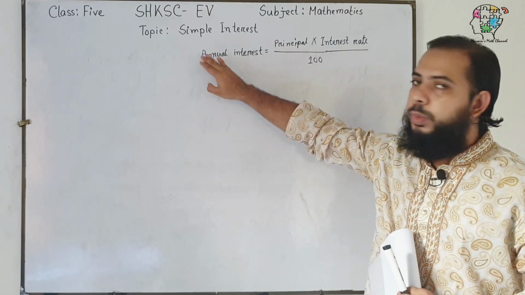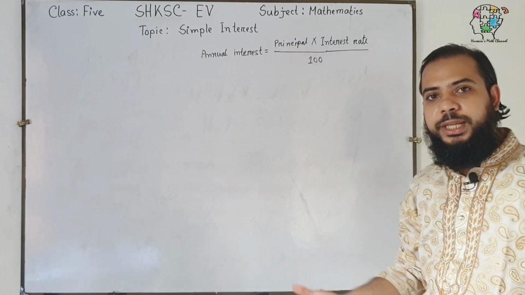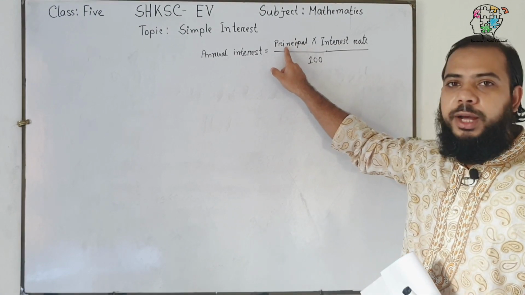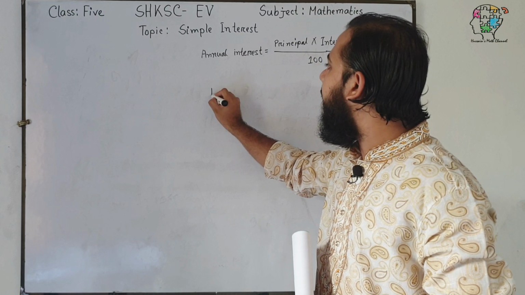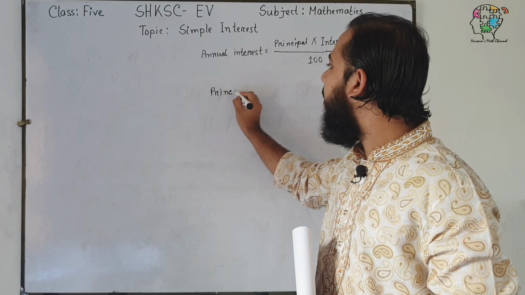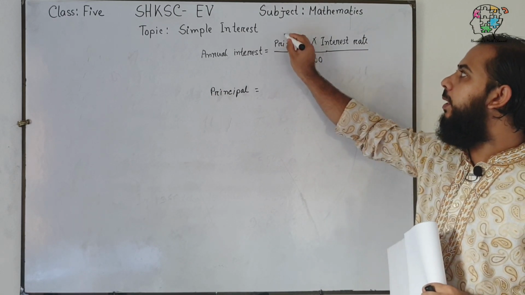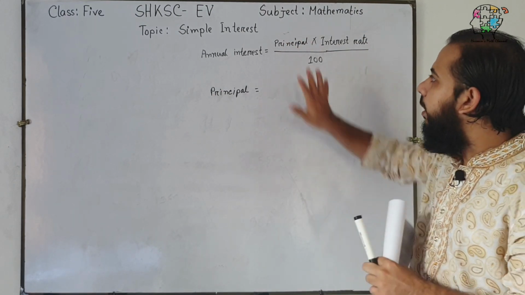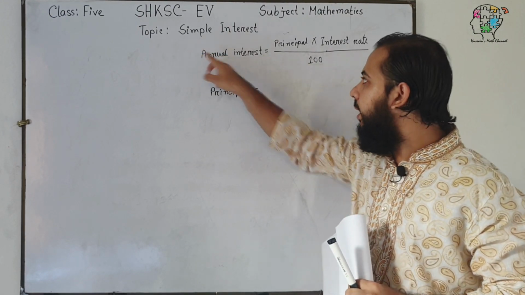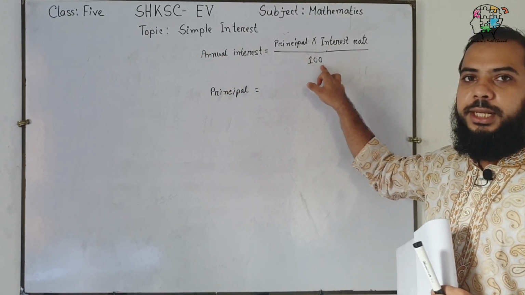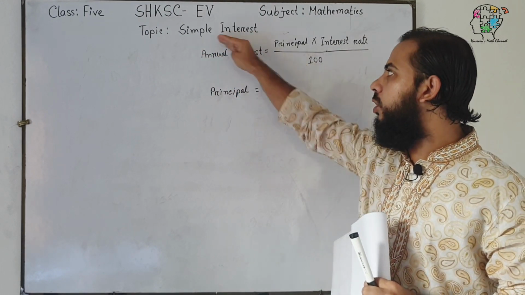In the question, the annual interest and interest rate will be given and you have to find the principal. From this formula we can write principal is equal to... We want to find the principal here. So if we take this 100 to the other side, since on the left side it is division, we have to multiply, that is cross multiplication.